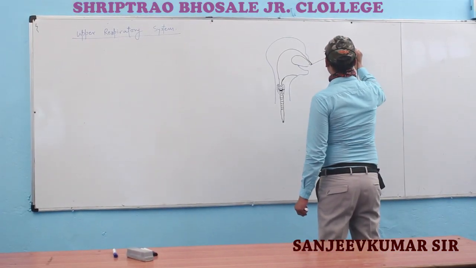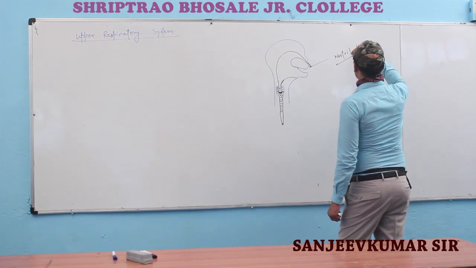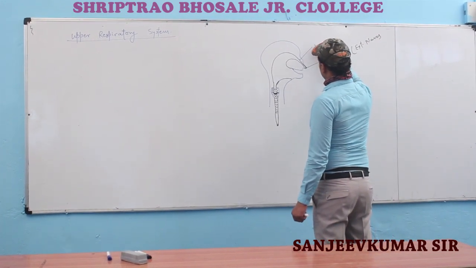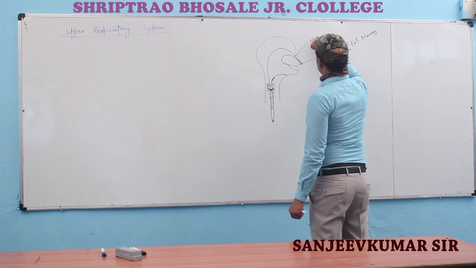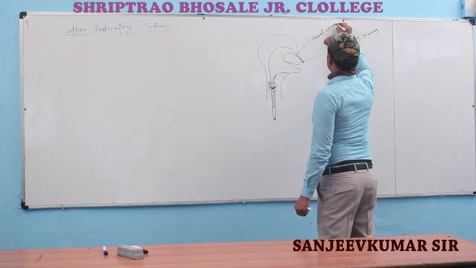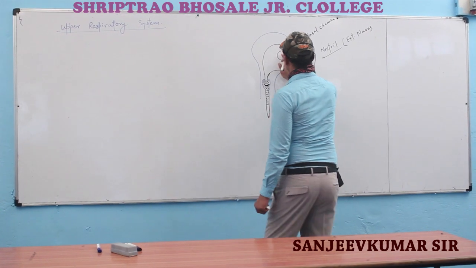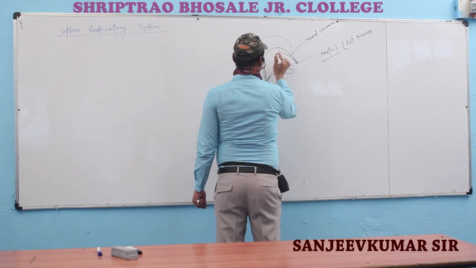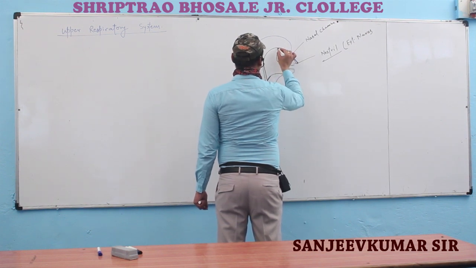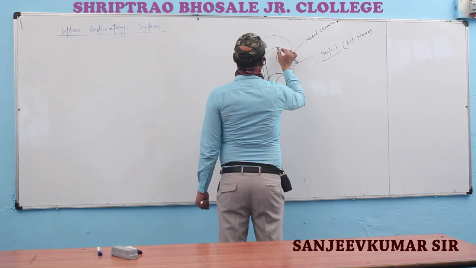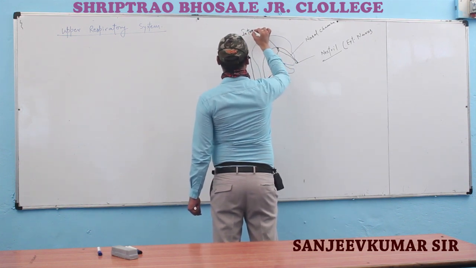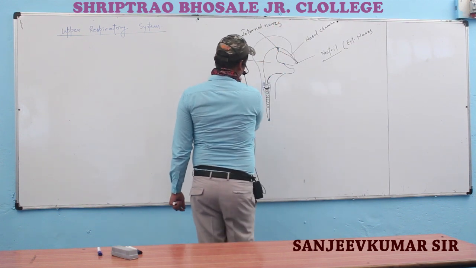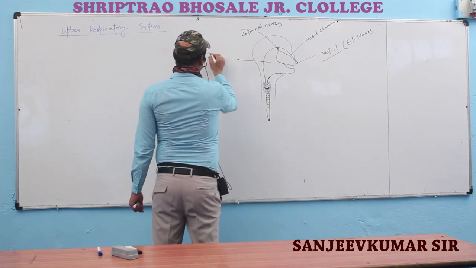Nostril or external nares. This is the nasal cavity, nasal chamber, and here is the internal nares, and this is the pharynx.